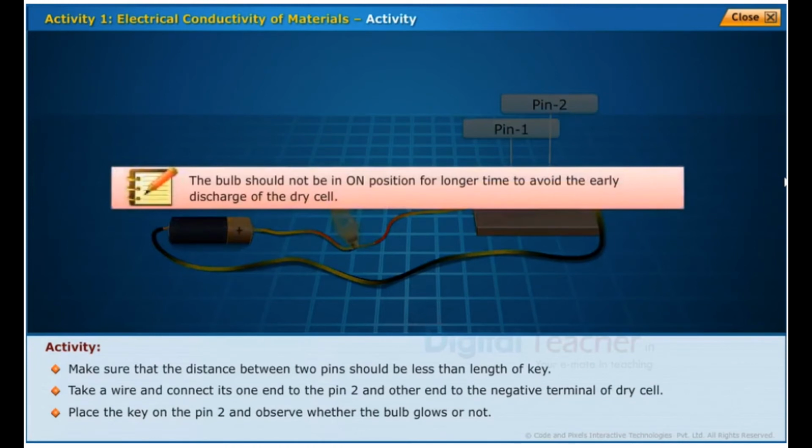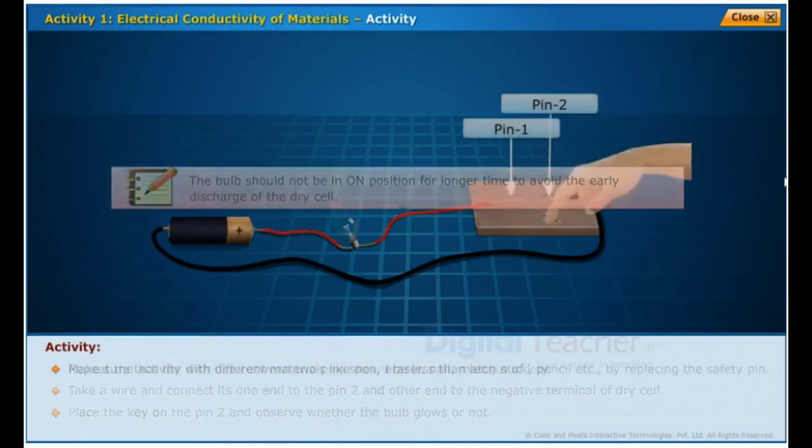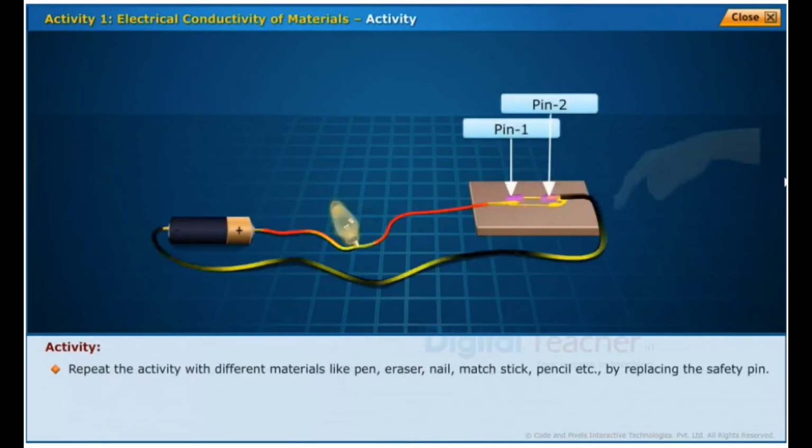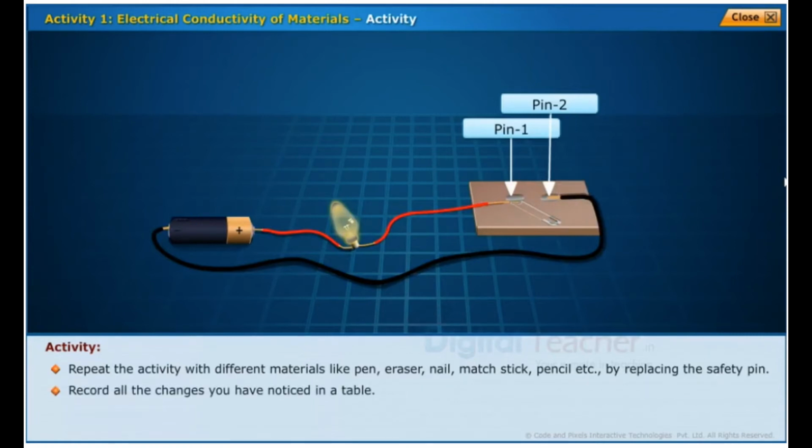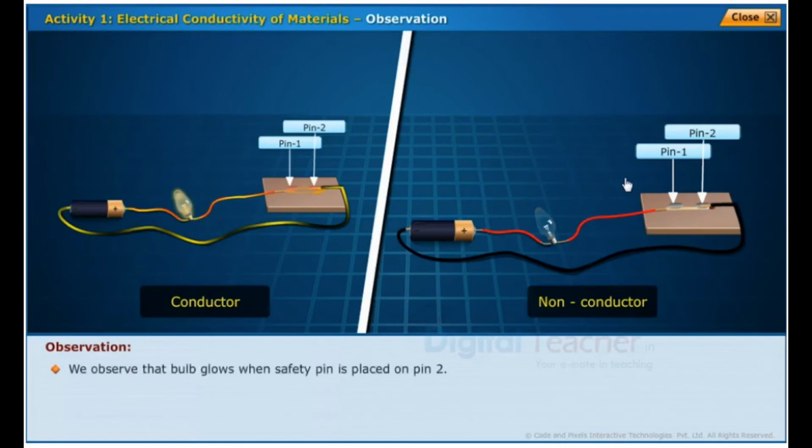The bulb should not be in on position for longer time to avoid early discharge of the dry cell. Repeat the activity with different materials like pen, eraser, nail, matchstick, pencil, etc. by replacing the safety pin. Record all the changes you have noticed in a table.